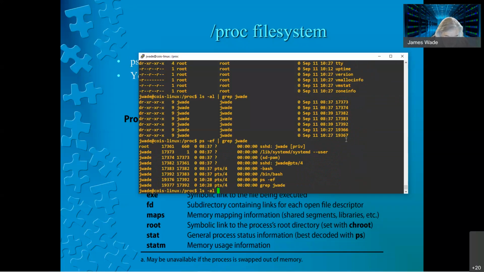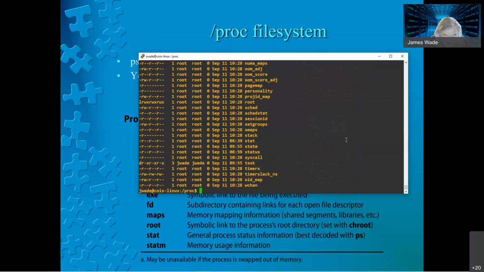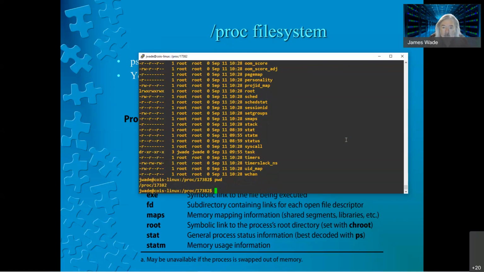Let's look for 17382. See if it's in there. 17382. And there it is. I just listed it. I could change directory to 17382. You see all of these files. See, I am in my own process directory that the kernel is using to keep track of items.